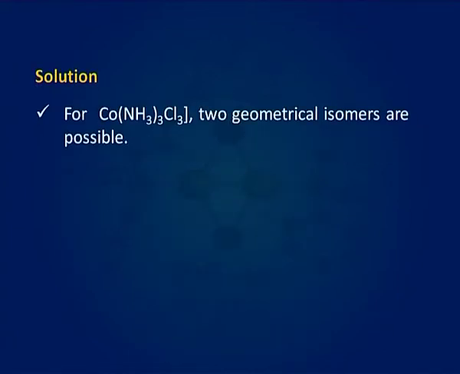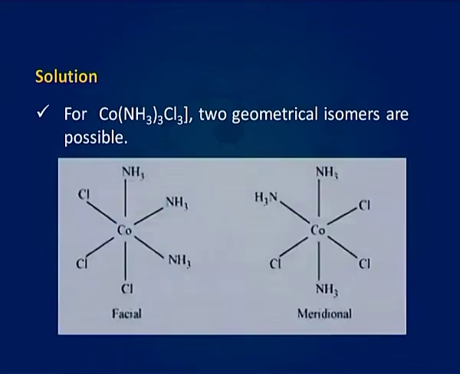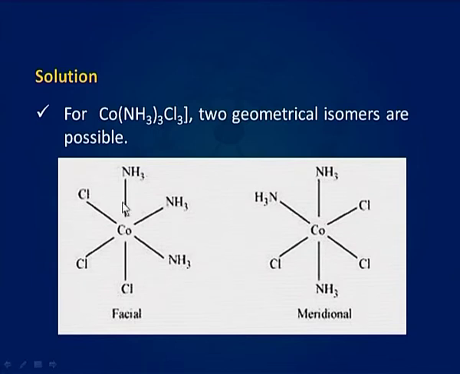For [Co(NH3)3Cl3], two geometrical isomers are possible. One is facial, as the three similar ligands are at the three corners of a face, and the other is meridional, as the three similar ligands are in the same plane, that is, at a meridian of the octahedron.